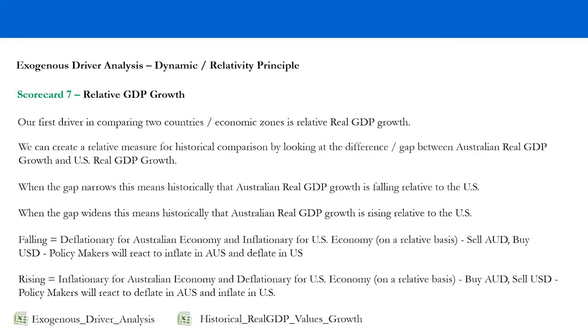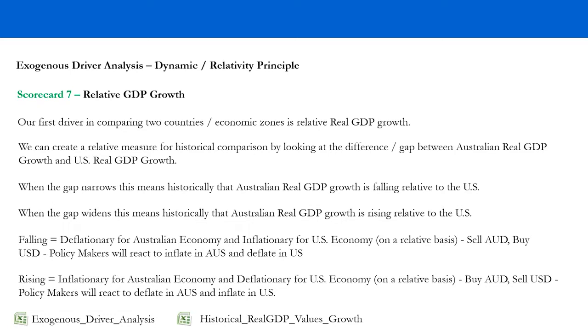When you think of this in terms of the absolute principle and the dynamic principle, if we looked at the United States alone, we could get a gauge on the value of a currency from its indicators pointing towards economic growth. So we get a value on the currency in its entirety in absolute terms.